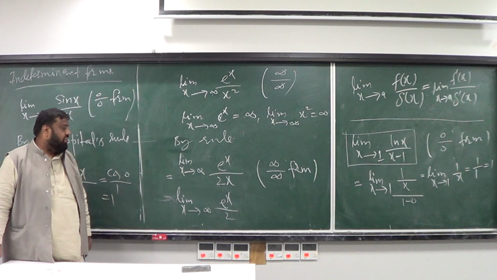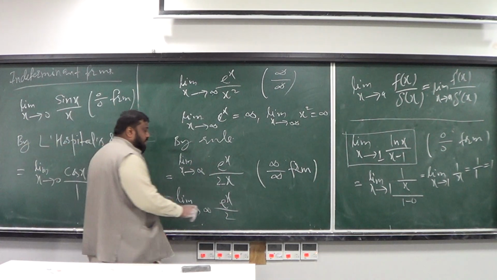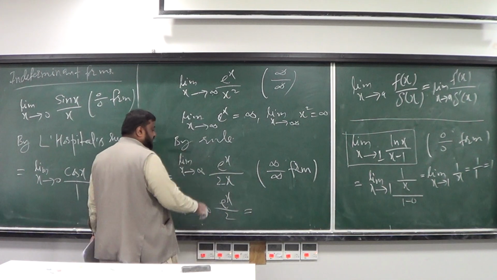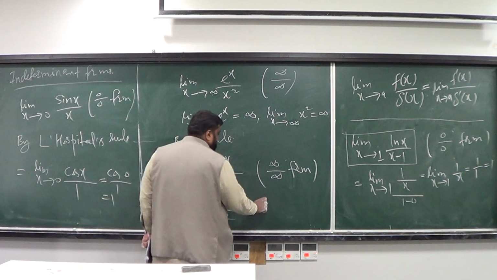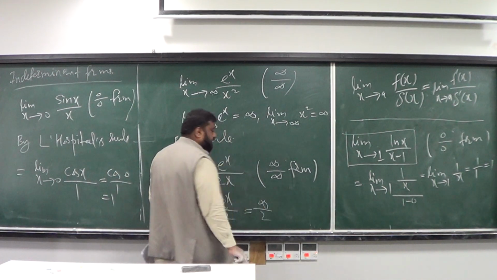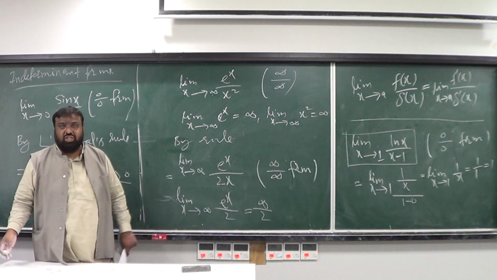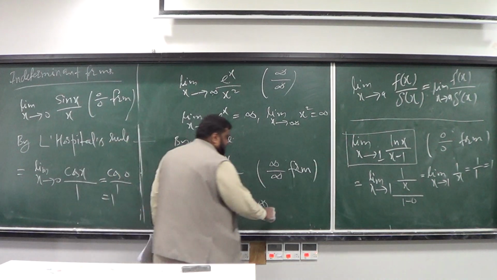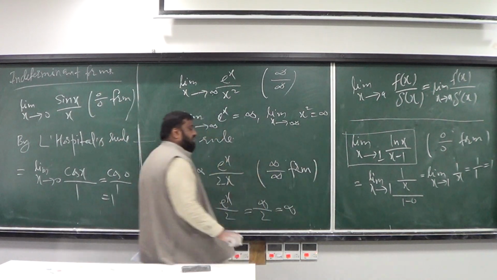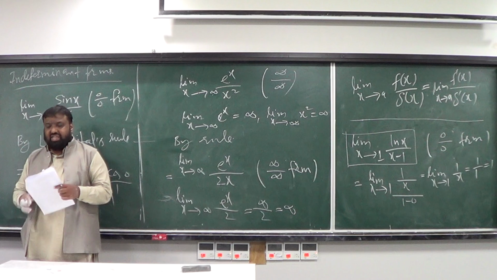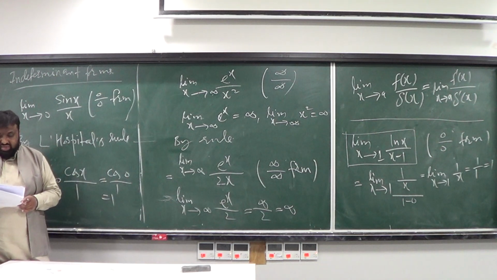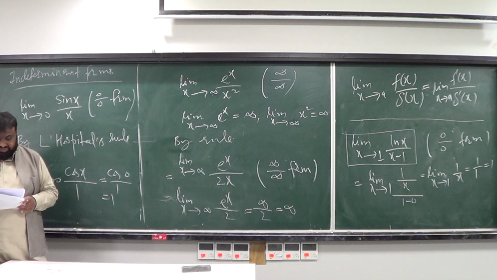Now this limit becomes infinity divided by 2, and if you divide infinity into two pieces, you're still going to get infinity.